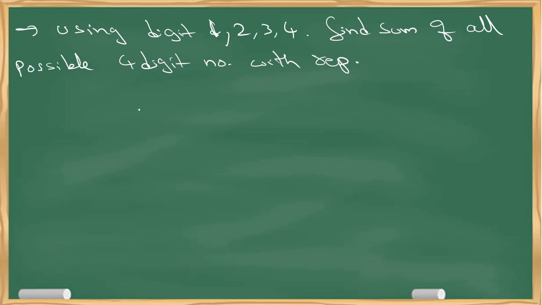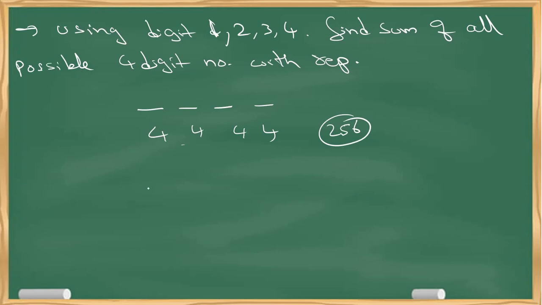So how many 4-digit numbers do I get with repetition? 4, 4, 4, 4. 16. Okay. So how many I'll get? 256. Correct? So you have to add those 256 4-digit numbers and you have to tell me what is the answer.